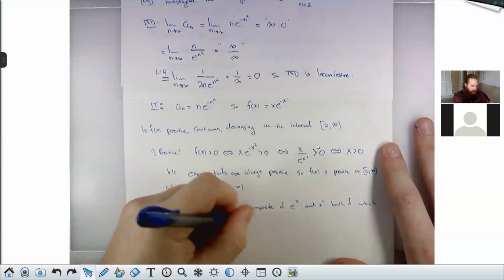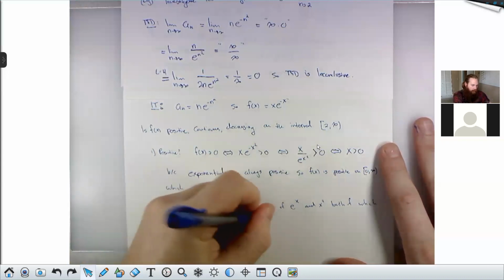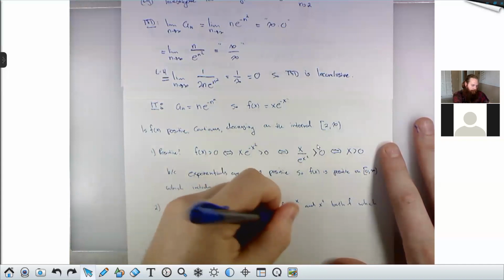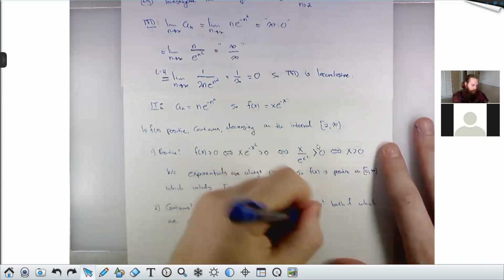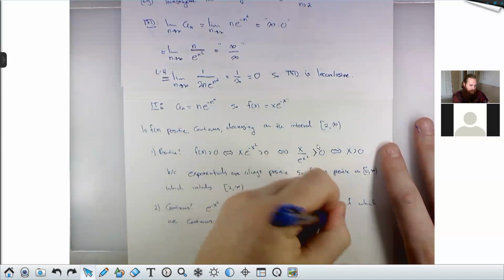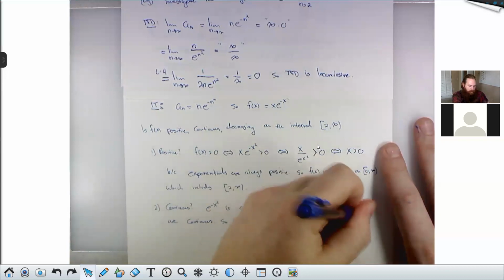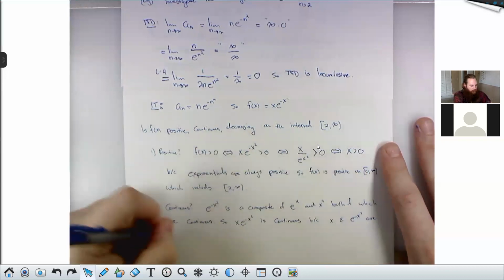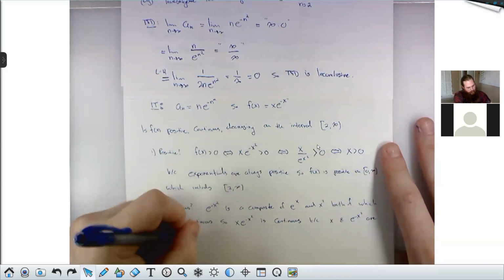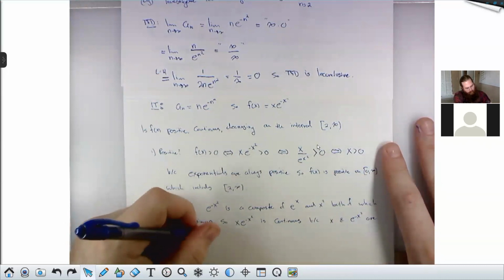So x e to the negative x squared is continuous because x and e to the negative x squared are both continuous everywhere.